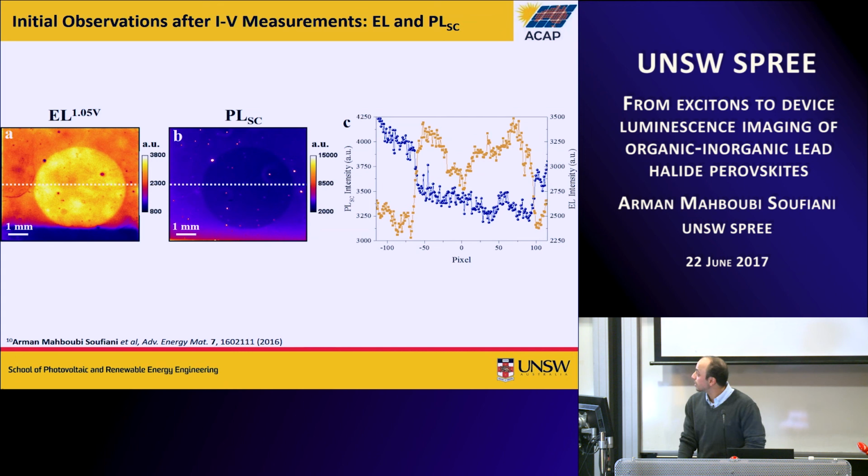So it's easier to extract carriers after the IV measurement in this region. So the concentration of carriers in the perovskite is lower, and the PL appears darker. The other reason could be that we have increased the non-additive recombination at the rear interface, which is the perovskite and the spiro.